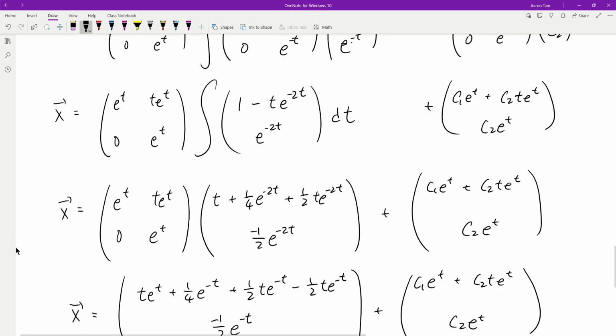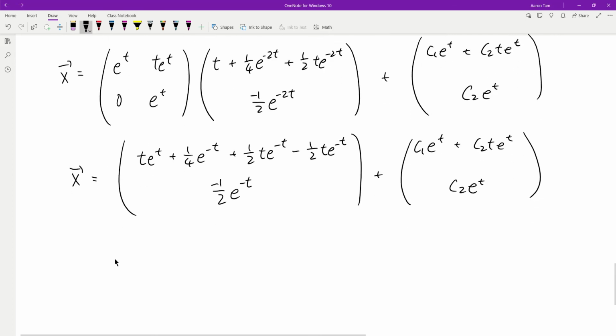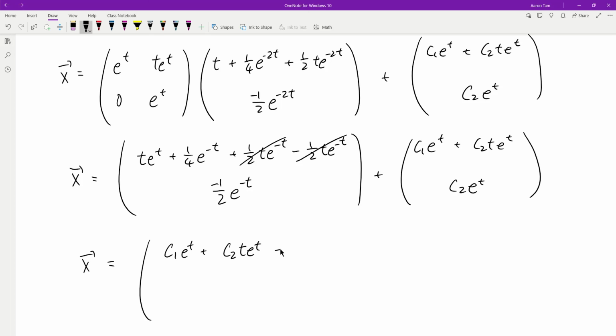Lucky for us, notice that these two terms just cancel out, and that leaves me with a rather simple expression. I'm going to write it this way: c1 e^t plus c2 t e^t plus t e^t plus 1/4 e^(-t) on top. I was thinking maybe I'd put e^(-t) first and t e^t at the end, but it really doesn't matter, so I'll just write it the way it is.